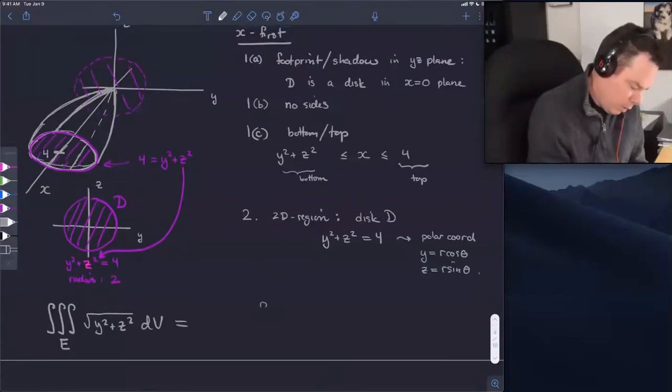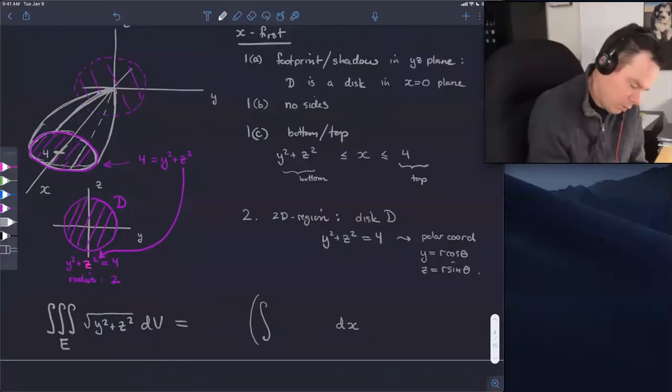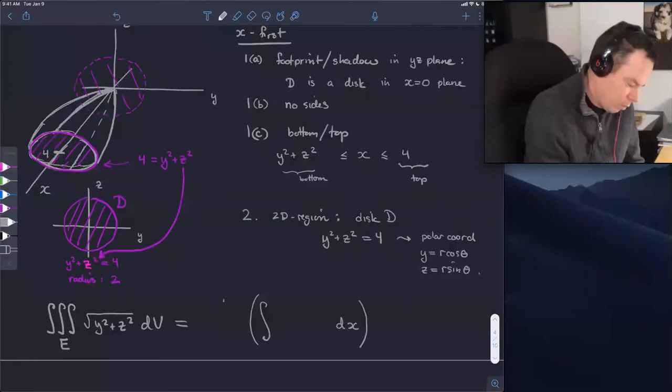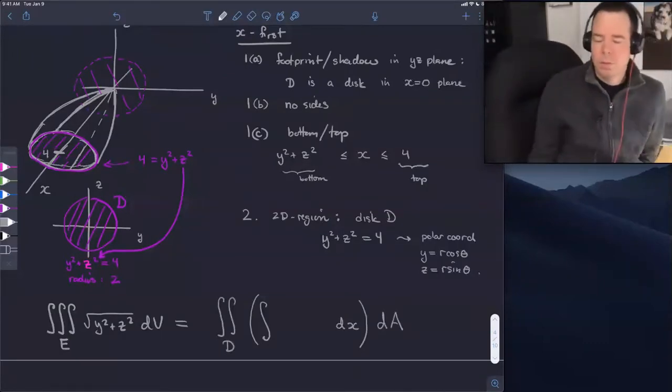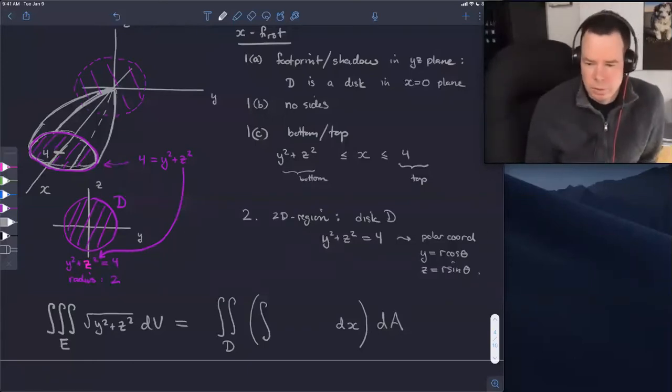So that's going to be our innermost integral, our x values that we're integrating over. And then following that x first integral, we're then going to do the integral over the footprint. So that's our integral over D, which I'll just write as the integral over D dA, because that's going to be our area integral.